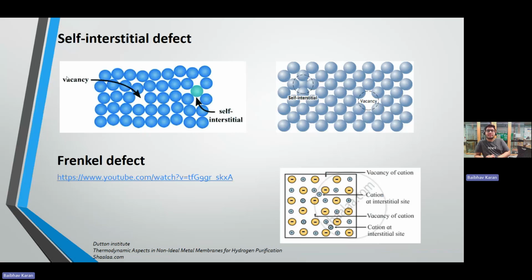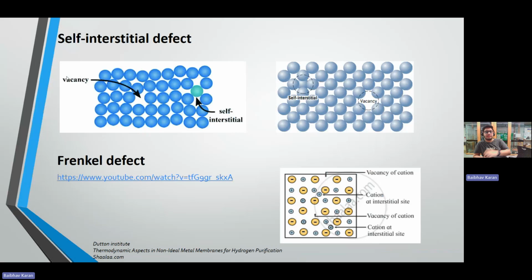Then there is another defect, the self-interstitial defect. Interstitial means there is a particle present at an interstitial site, and the term self means that in the material, its own atom goes and sits over an interstitial site. As the material's own atom shifts position, a vacancy is created at the original site, and the atom moves towards a different site.